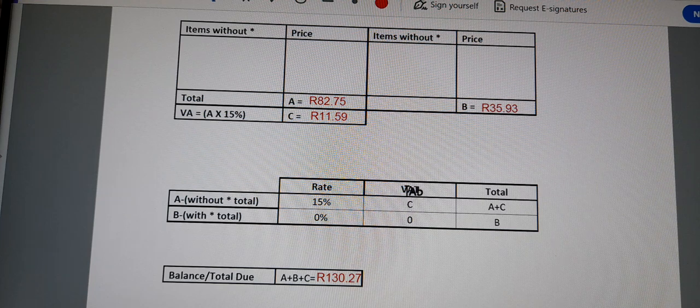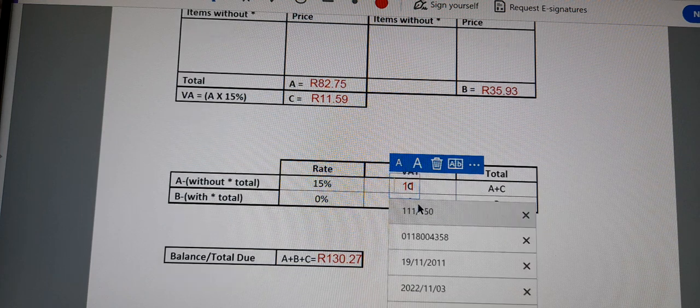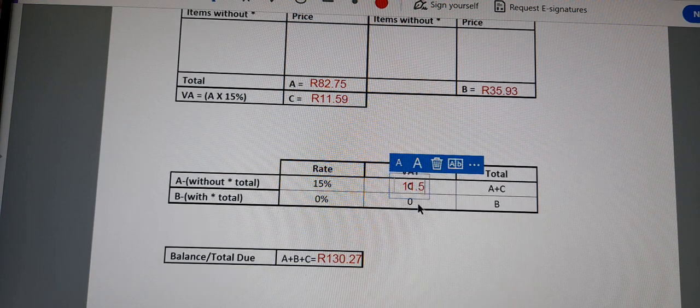And then here under VAT, we put the value that we got on C. So let's put the value that we got on C here. It is 11.59. And then here, let me put it on the side so that it can be clear.